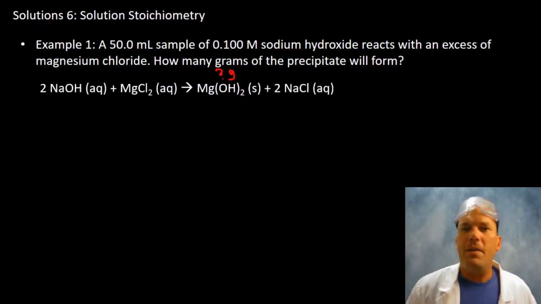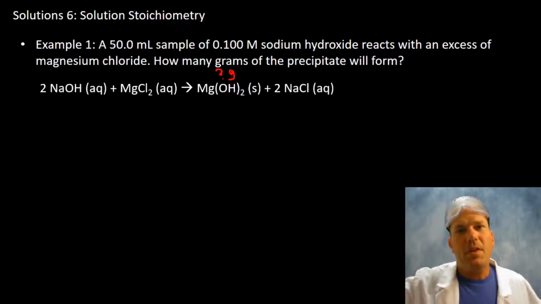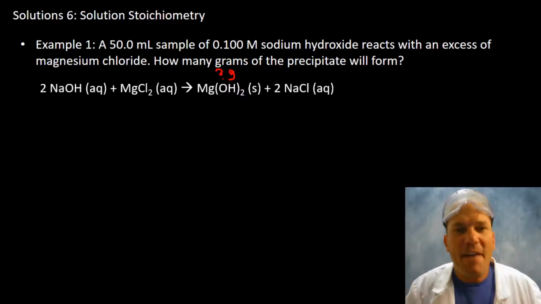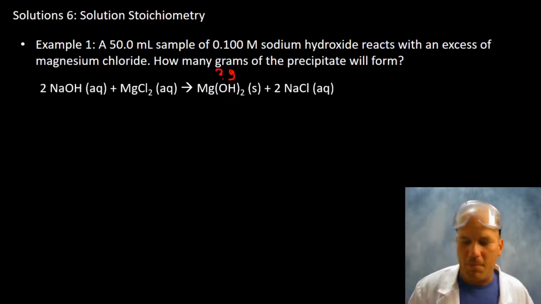And we know the definition of molarity is moles divided by a liter. If you rearrange that, molarity multiplied by volume equals moles. And we have to get this into moles. Once we get it into moles, then this becomes a straightforward mole-to-gram stoichiometry problem.